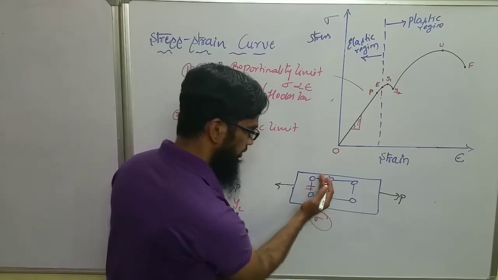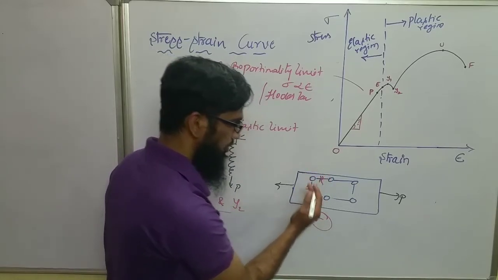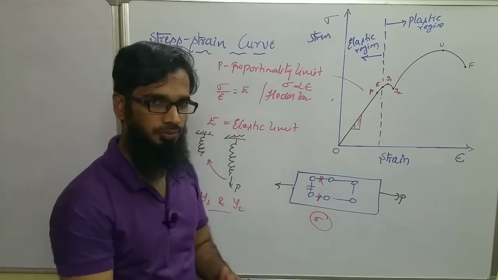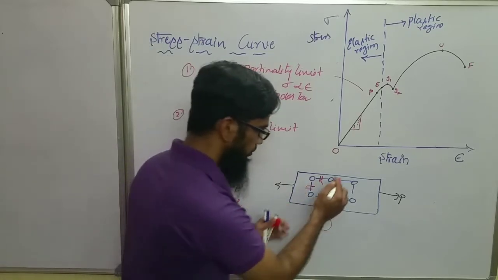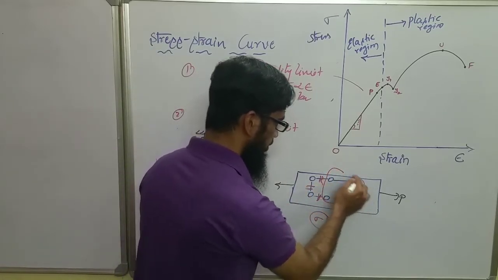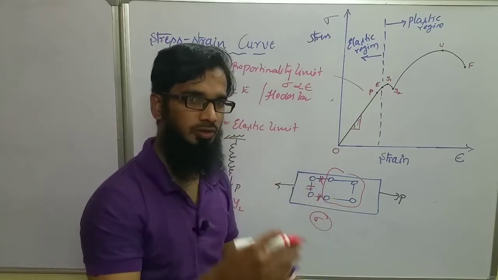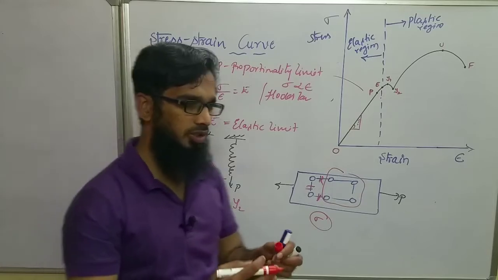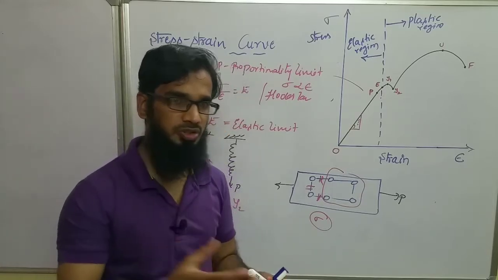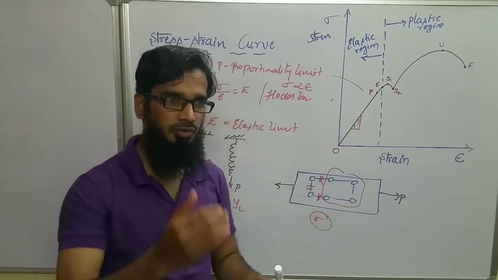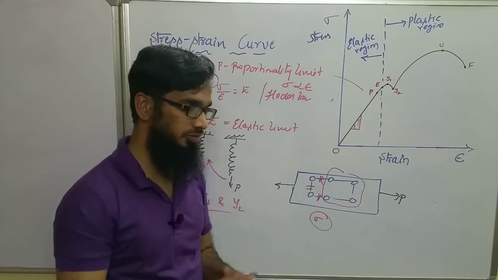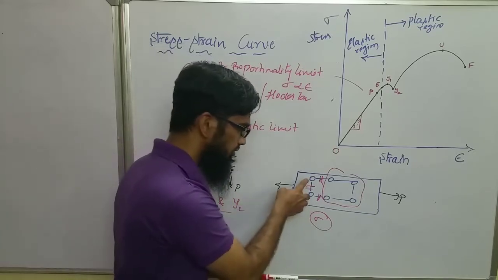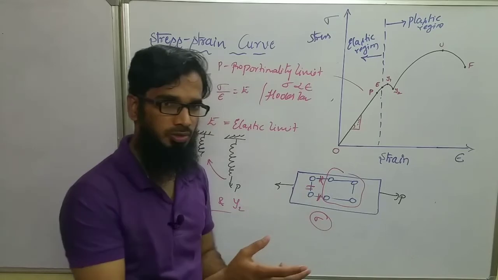Suppose these two atoms break. What happens to the next four terms? Only four atoms are there. In that case, the stress developed inside this body will go on decreasing, because of the breakage of the bonding between the atoms.